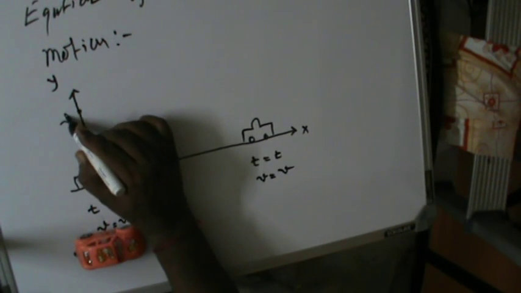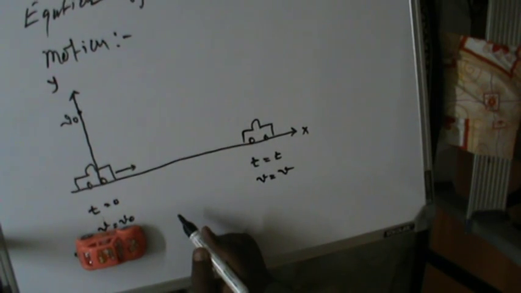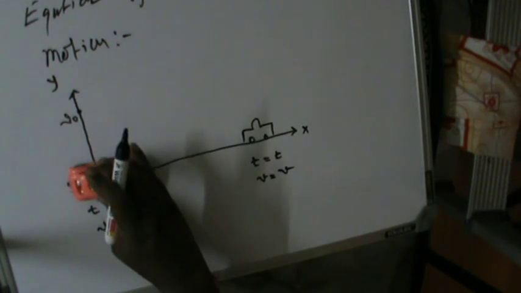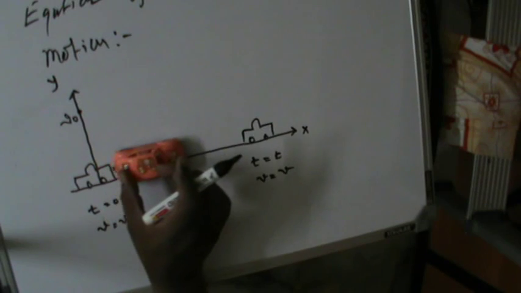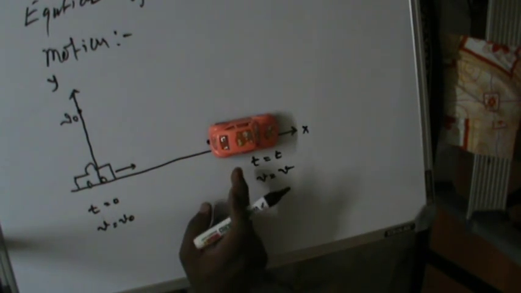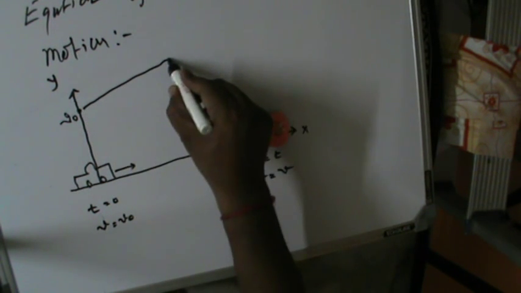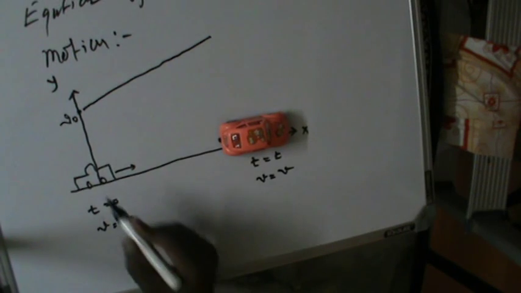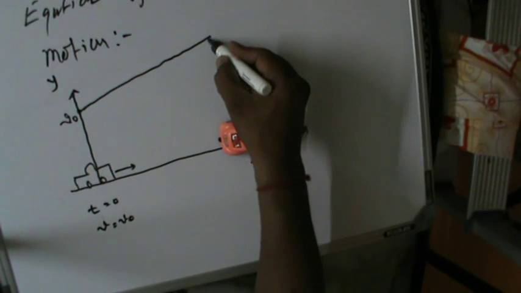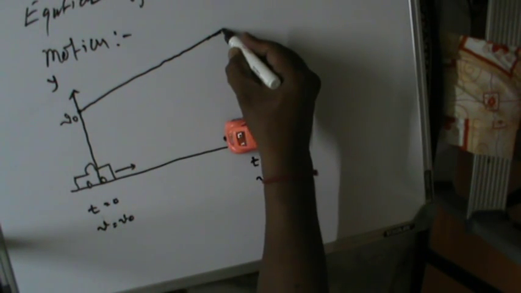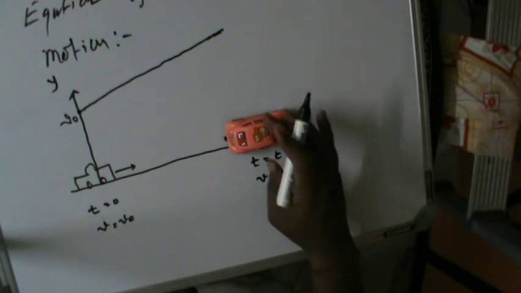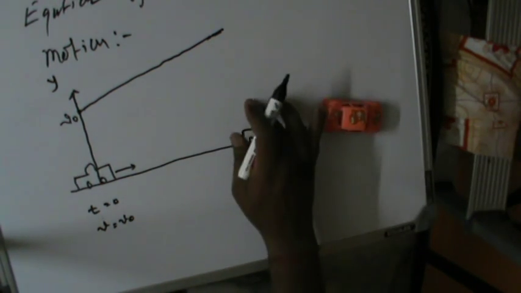Suppose the initial velocity we are putting here is v0. The car in constant accelerated motion reaches here. At that time, the final velocity, suppose the graph reaches here. At that time, the final velocity is the velocity v for the given figure.